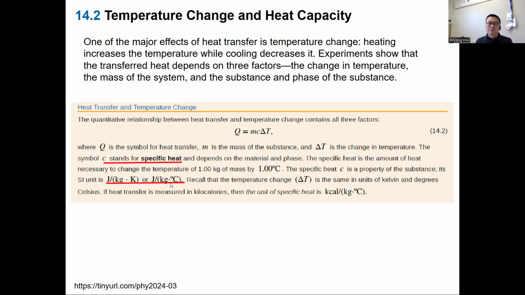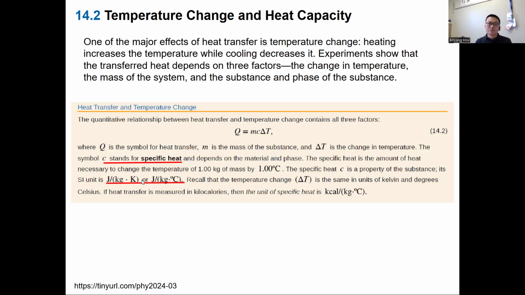Specific heat is in the SI units of joules over kilogram times Kelvin. So this is in joules, this is in kilograms, this is in Kelvin. And because this is delta T, it's equivalent to have degrees Celsius.